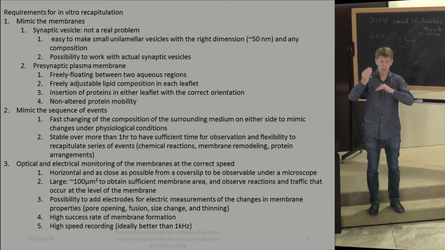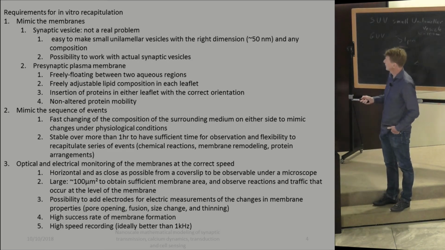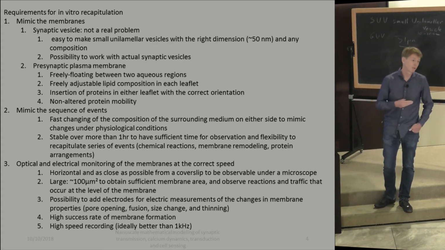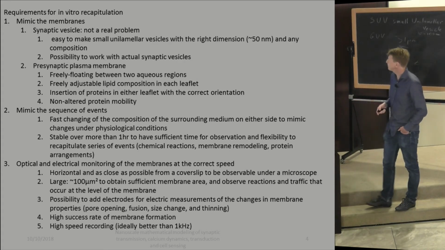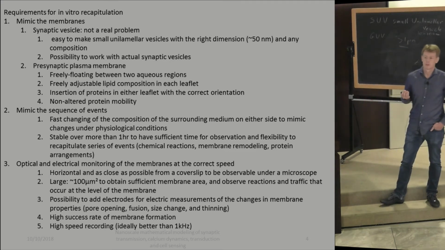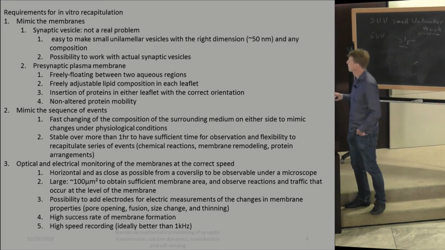So each leaflet can be adjusted independently. We can insert any protein we want on either side. And we also want non-altered mobility of the proteins and the lipids, of course. If we can do that, then we can assume we'll be able to mimic the presynaptic plasma membrane.